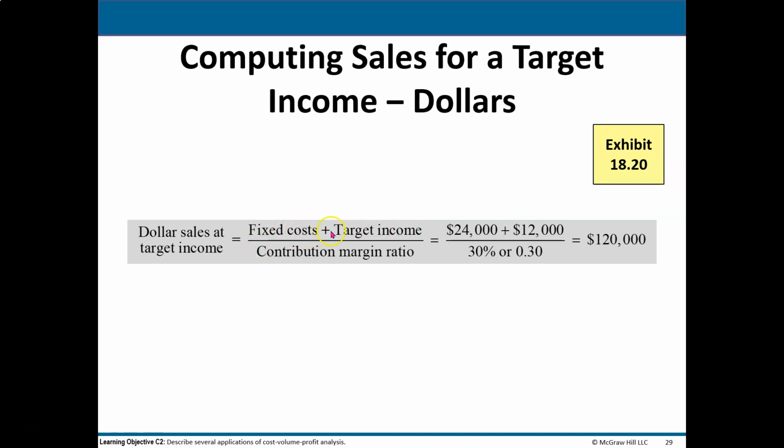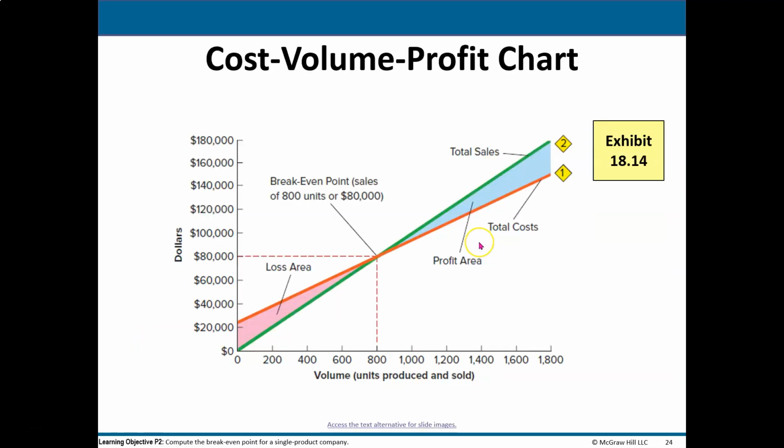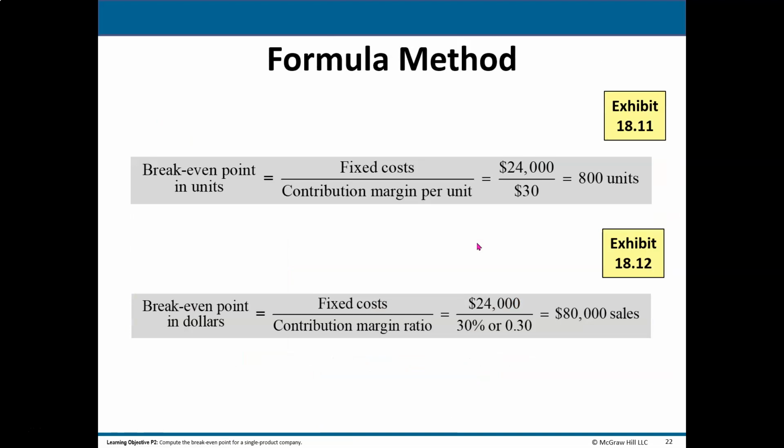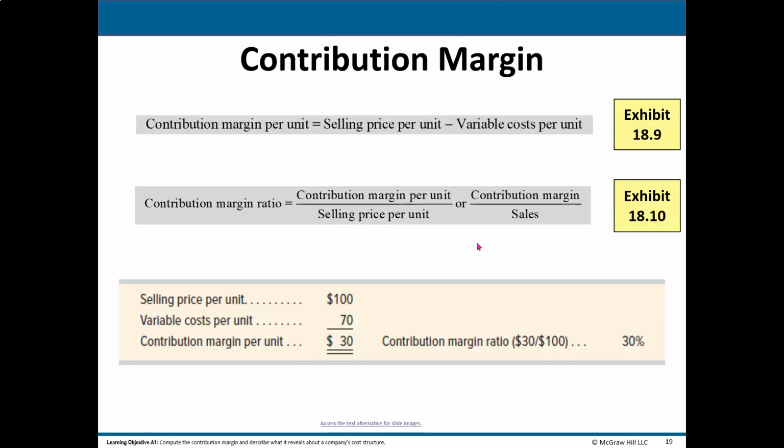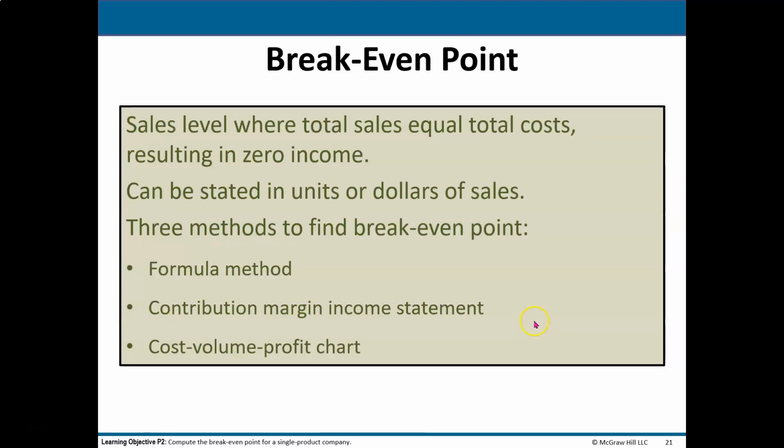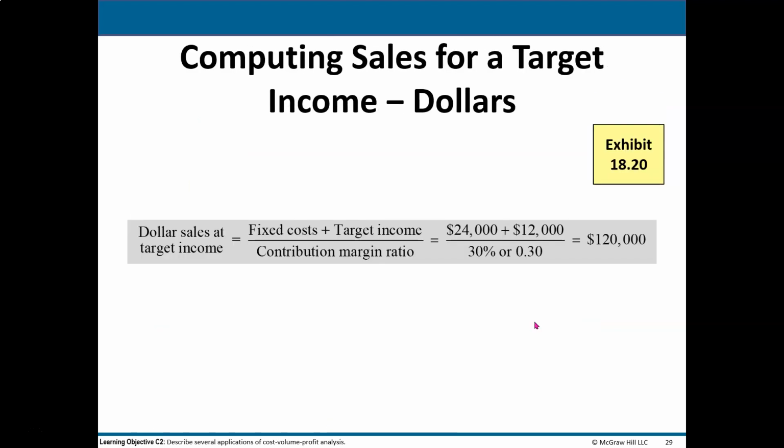So my fixed cost of $24,000 plus my desired $12,000 of target income is going to give me $36,000. Now I'm going to take that $36,000 and divide that by my contribution margin ratio, as we determined back here, 30%, and that will give us $120,000.